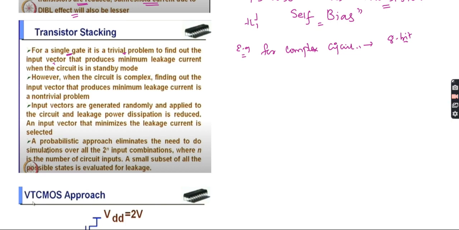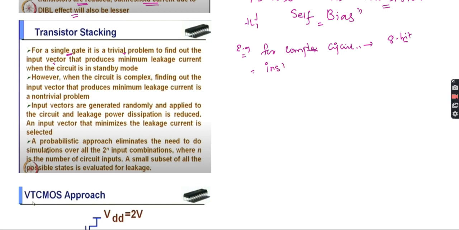So for complex logic gate circuits, what you have to do is generate the input vectors randomly and apply them to the circuit, then the leakage power dissipation will be reduced.